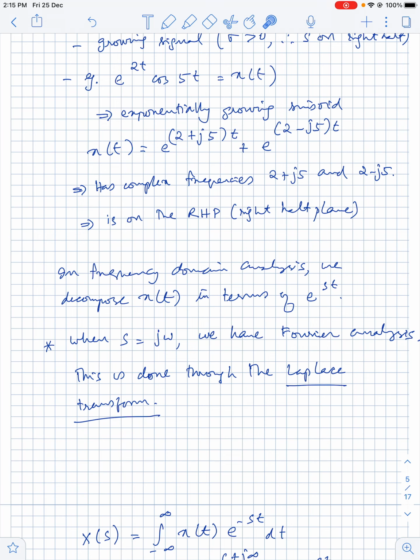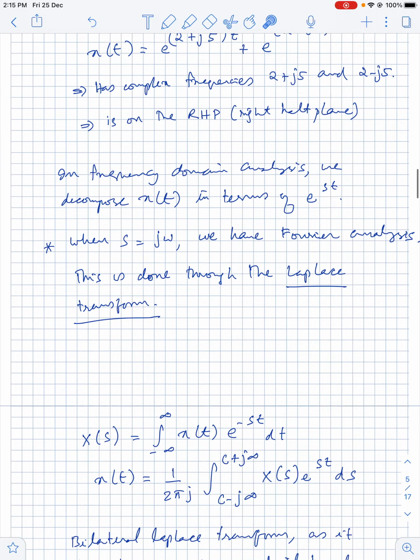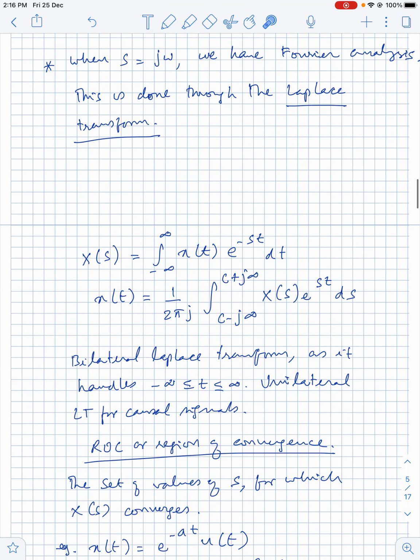Now, like we mentioned before, when s is purely imaginary, when s is only j omega, we are reduced to Fourier analysis, which we have seen earlier. Now the Laplace transform, like I said, is a generalization of the Fourier transform, where the Laplace transform of x of t is given by this expression, the integral from minus infinity to infinity of x of t e raised to minus st dt.